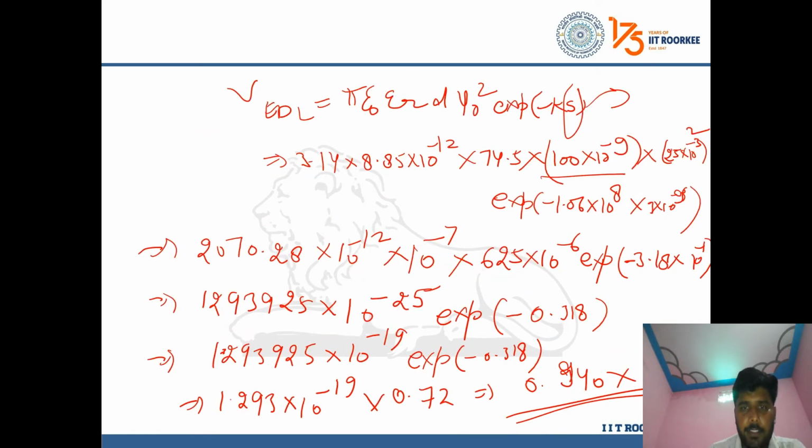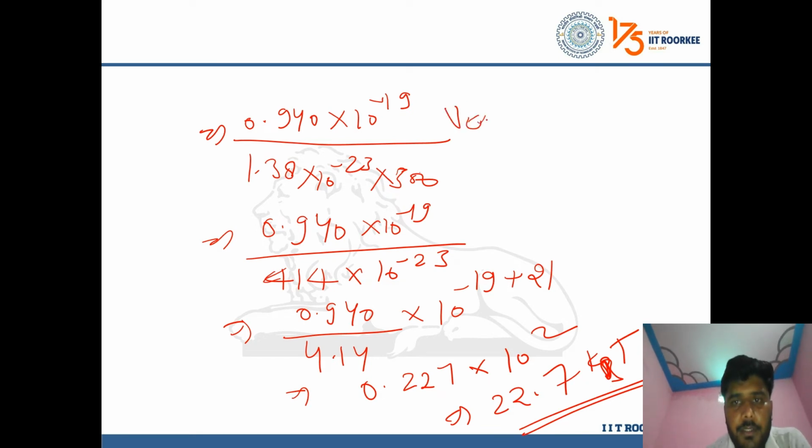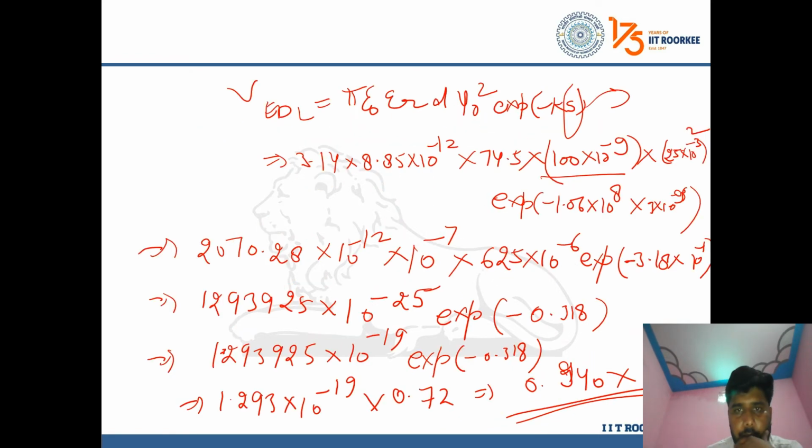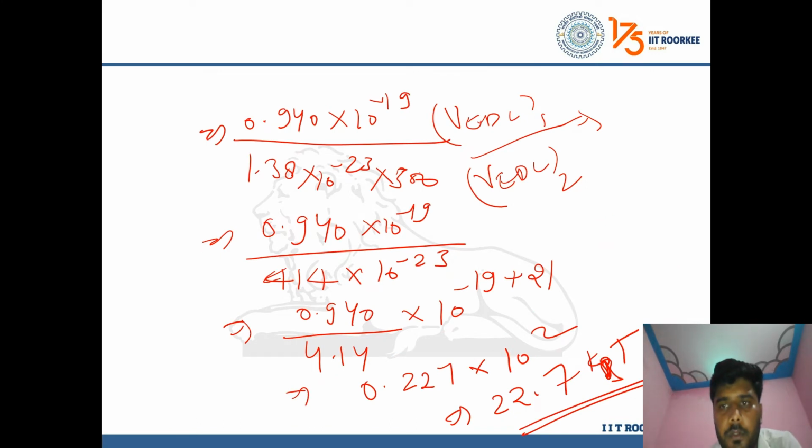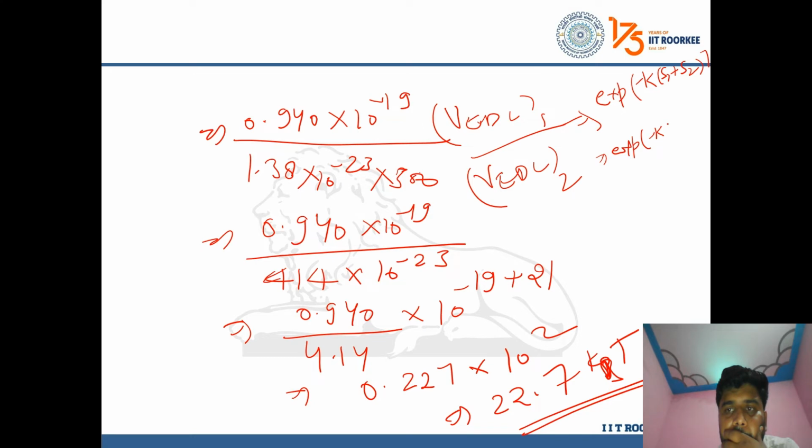I'm just trying to solve by another way. Minus k (s1 plus s2). s1 is 3 and s2 is 6.